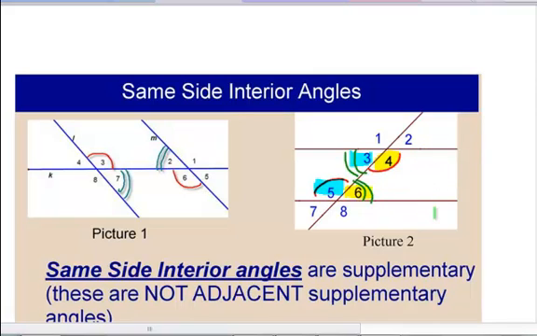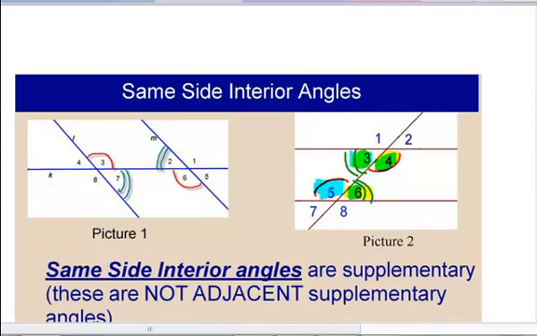So clearly same side interior angles are not congruent, right? So what do you think the relationship is? Well, if you look at angle 4 and angle 6, one of those is our acute angle and one is our obtuse angle. Can you tell which is which? 6 is our acute angle, and 3 is actually our acute angle as well. 4 is our obtuse angle. 5 is an obtuse angle as well.